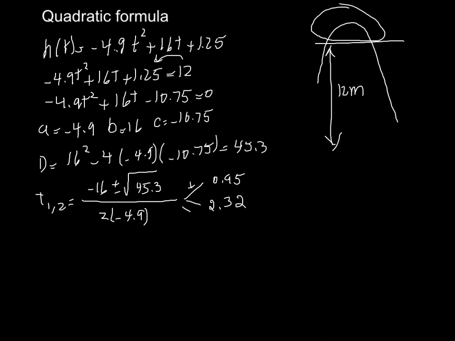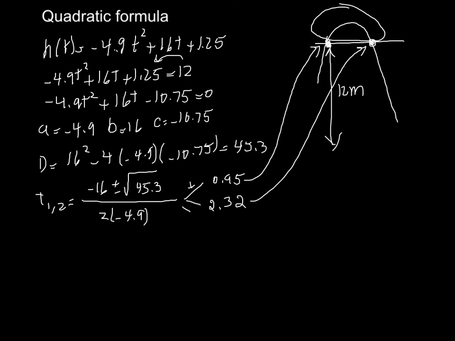Now, graphically, this point, which is on the way up, is 0.95, and this point represents 2.32 on the way down. Now, to find how long the rocket is going to stay more than 12 meters high, we are going to subtract these two.